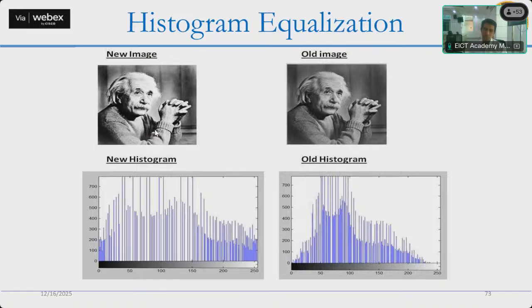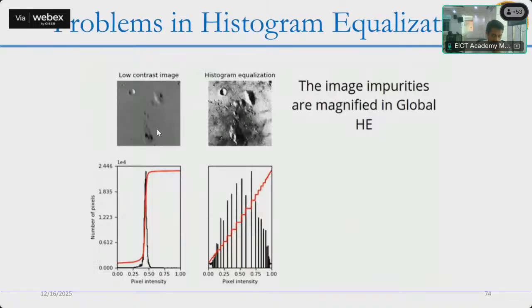It is even very difficult to say whether it has really improved or not. So what are the problems in histogram equalization? The problem is that the image impurities are magnified.